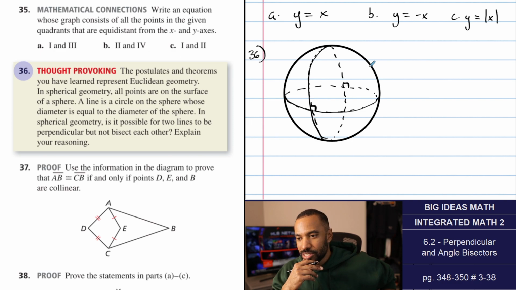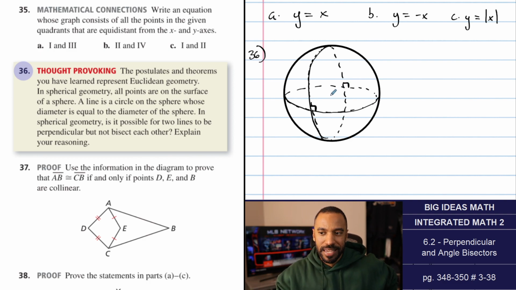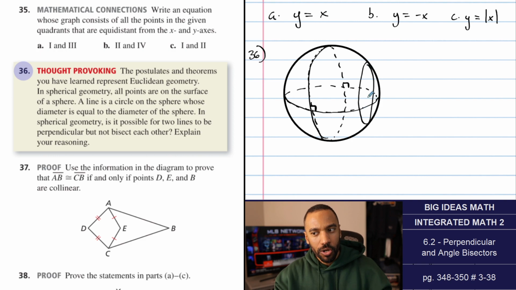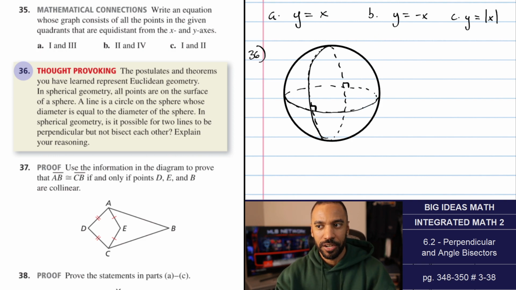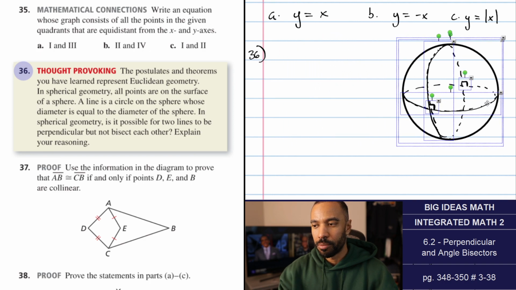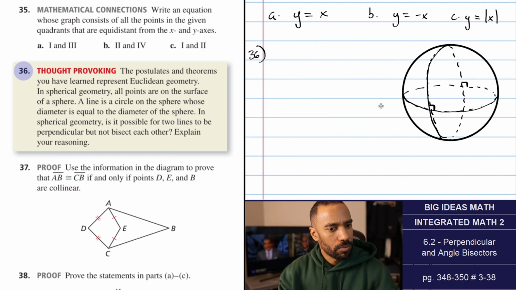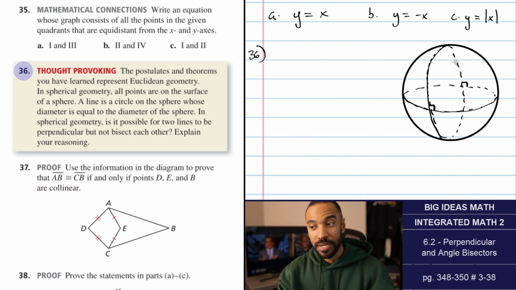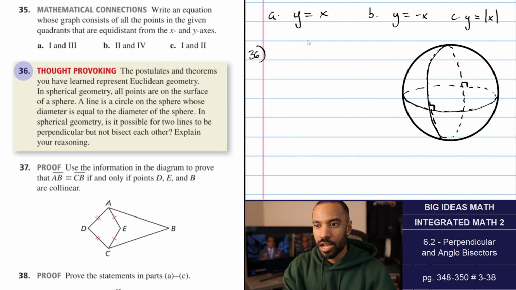Not if the lines need to be the same diameter as the sphere, because these need to be exactly the same. If it was farther off, like over here, that would be fine. But that circle is not the same diameter as the sphere. So I'm going to say no. This is as much equator and prime meridian as it gets, and perpendicular. I'm going to say no. It's not possible.